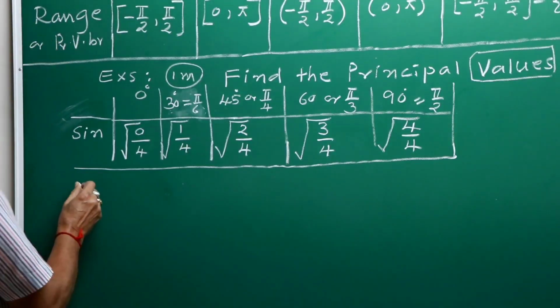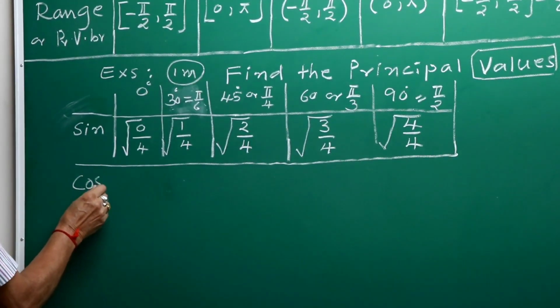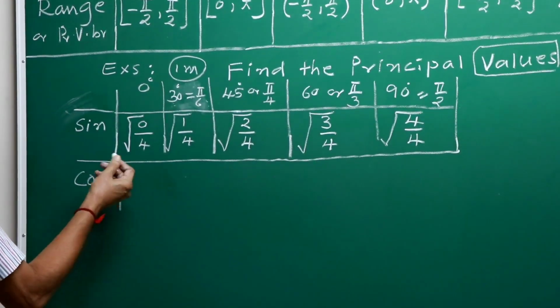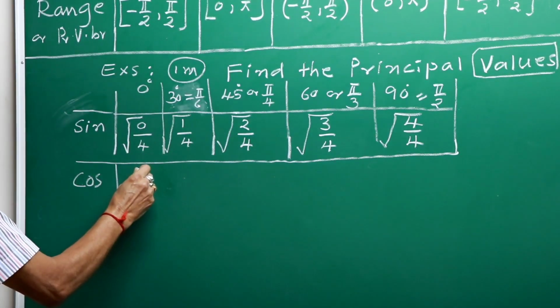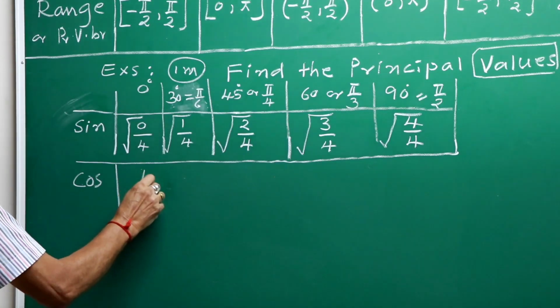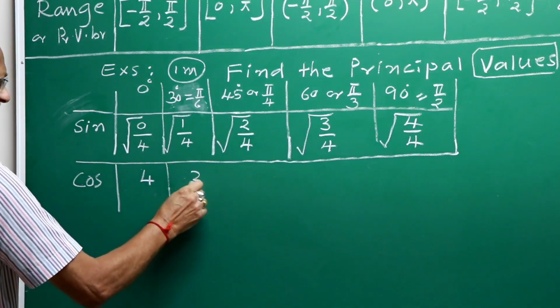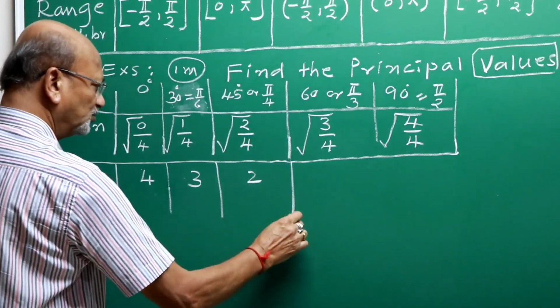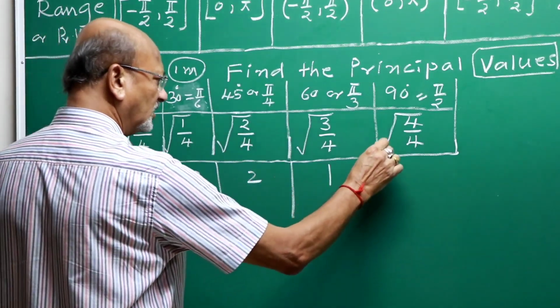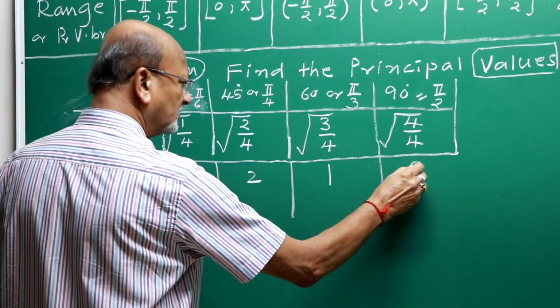In the case of cos, my friends, you start in reverse. Here you start with 4. Start decreasing. There it is increasing, here it is decreasing: 4, 3, 2, 1, 0.